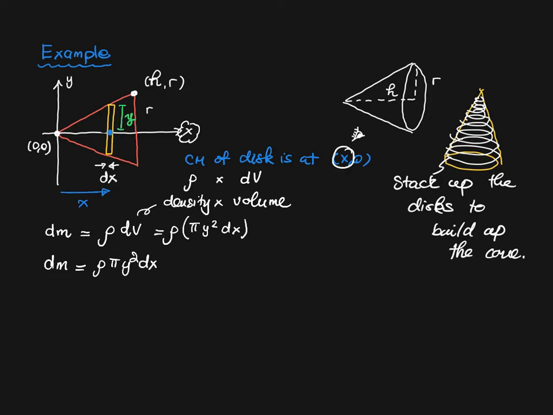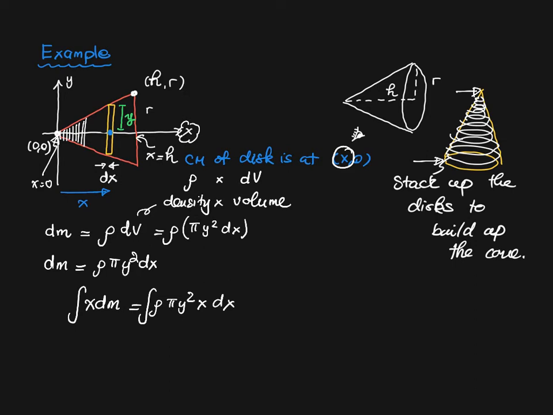And the center of mass of the disk is x, and therefore x times dm is given by rho pi y squared times x dx. And then we are going to integrate this. We are going to sum this. We are going to start our stacking process from the bottom, as you can see from this diagram, from x equal to 0 to x equal to h.